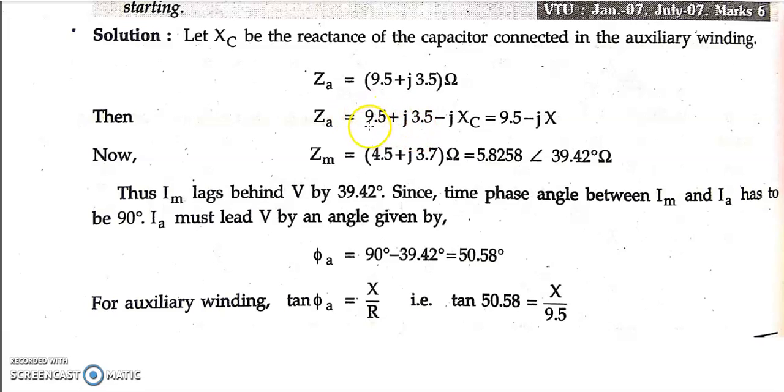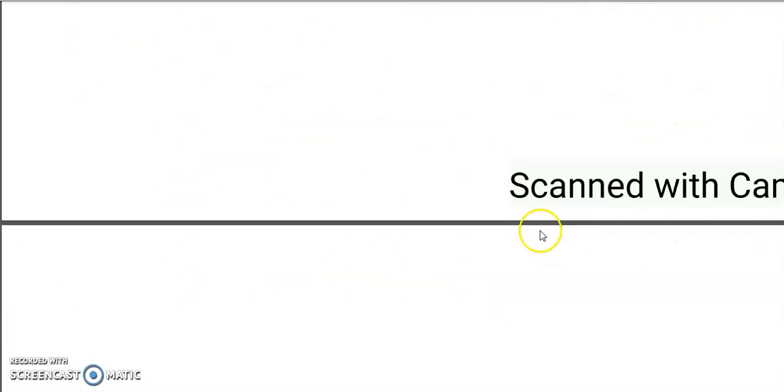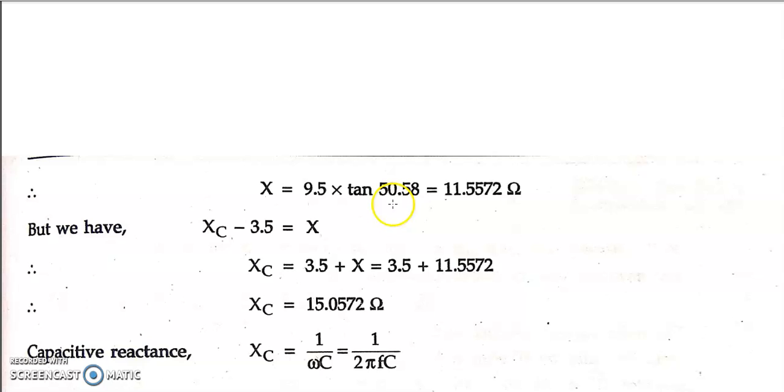For ZA, R is 9.5. I substitute that, and the angle made by the auxiliary current is 50.58, so phi is 50.58. Now cross multiply, and we get 11.5572 ohm. So the value of the reactance X is 11.5572 ohm.